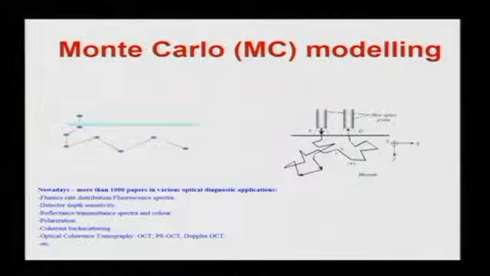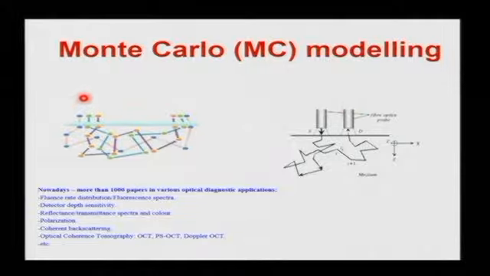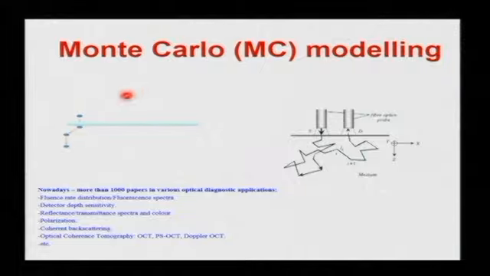What is the problem, actually? If we do that modeling for particular fiber optics, and we want to understand what changed here and what we will see on the detector, we send one by one all these photons.